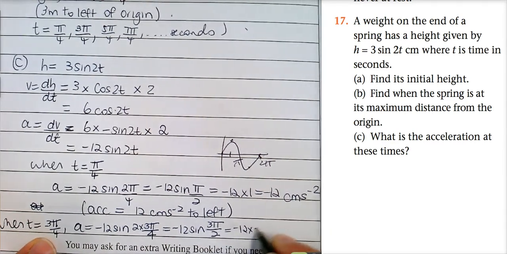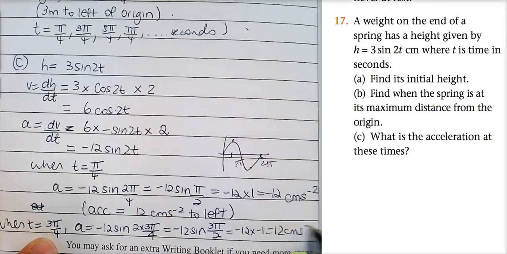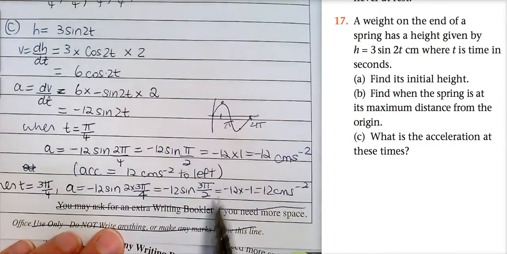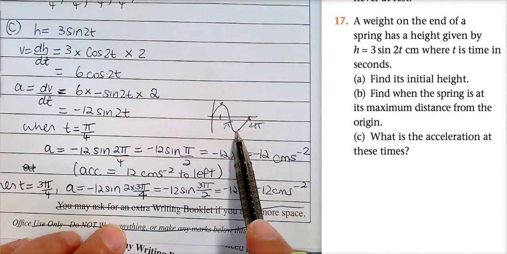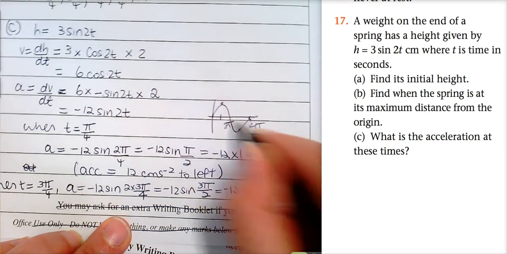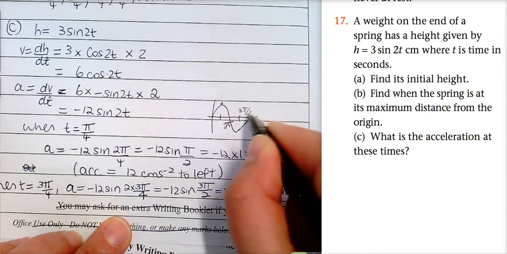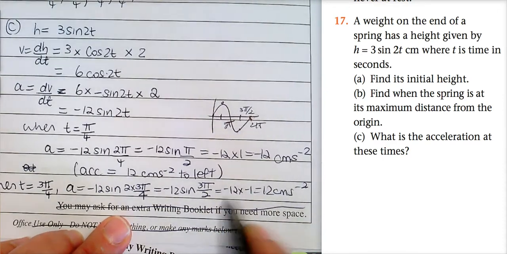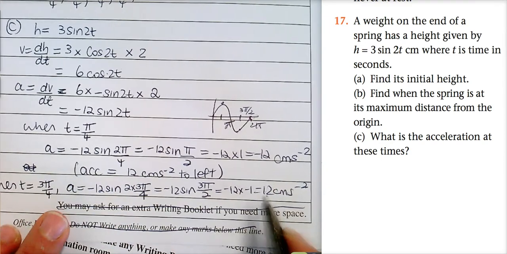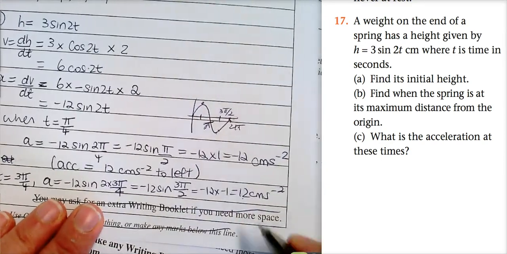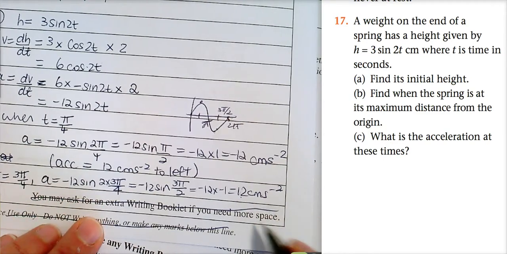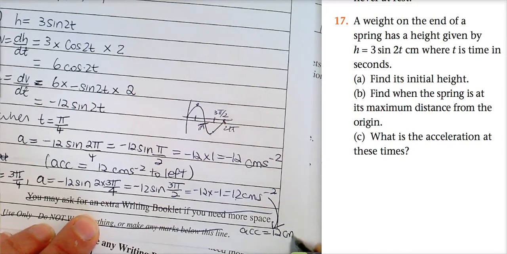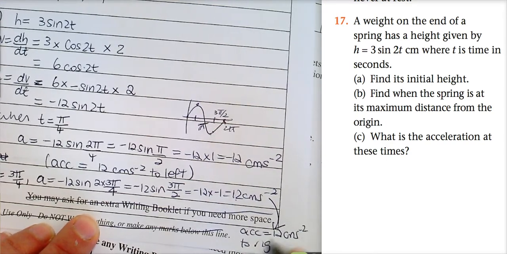It's negative 12 times negative 1 is 12 centimetres per second, because sine 3 pi on 2 is down here, it's negative 1. That's pi, 2 pi, halfway is 3 pi on 2. Sine of 270 is negative 1. So it's 12 centimetres per second. In other words, this acceleration is 12 centimetres per second to the right.